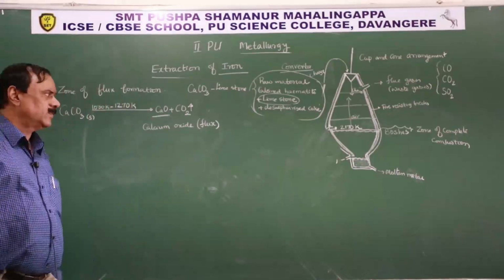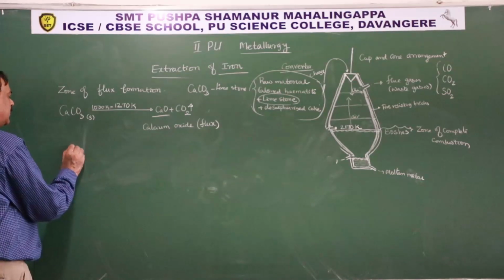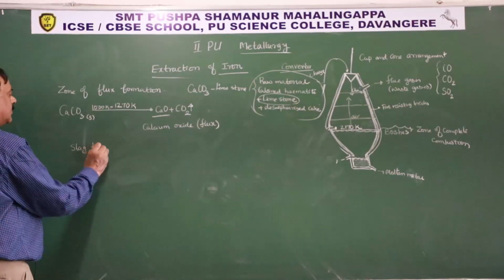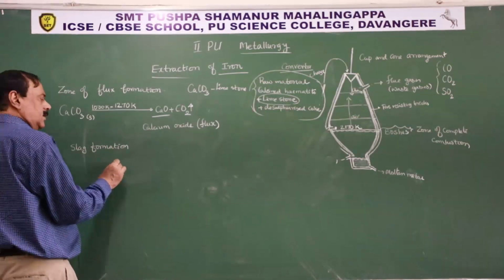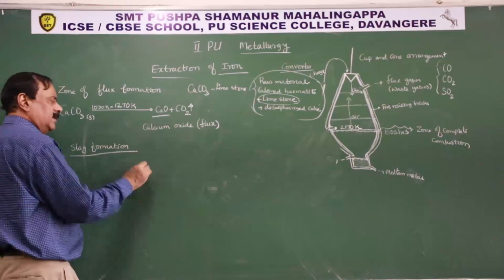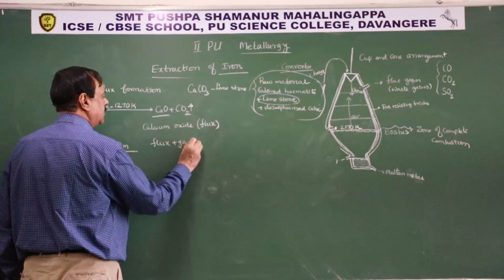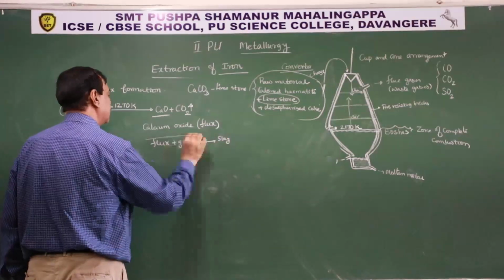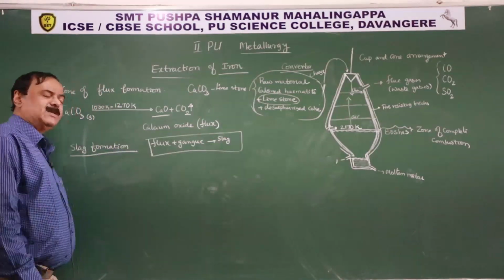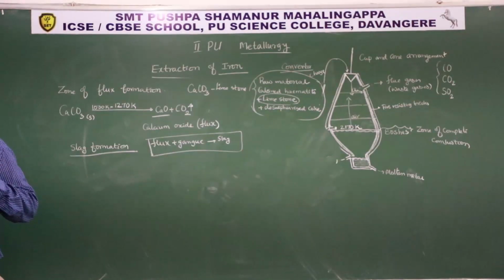Next is the zone of slag formation. What is slag? Flux plus gangue, or impurity, gives rise to slag.